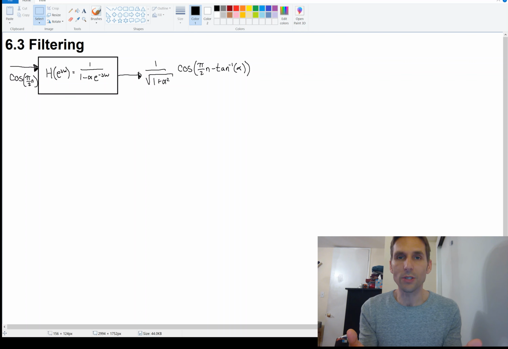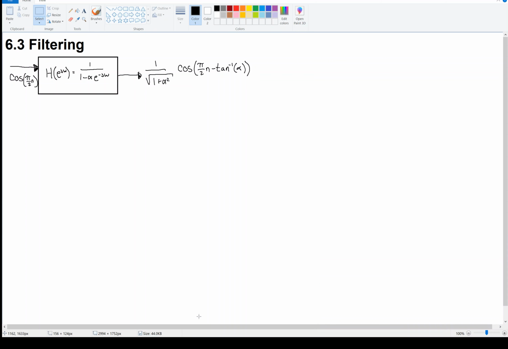Like in communications, if we want to accept 101 megahertz because that's the carrier frequency whose signal we want to listen to, and we want to reject all of the other frequencies that our antenna picks up, then we need to filter out those frequencies and allow the 101 megahertz signal to pass through. So let's take a look at filtering and how it applies to the Fourier series coefficients.